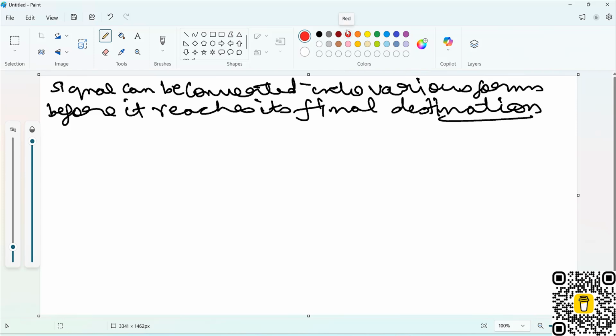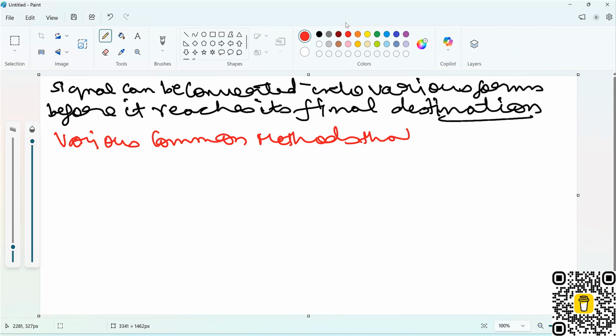And there are various common methods of signal transmission which are generally used in the network. So let me discuss the common methods that are used in signal transmission.